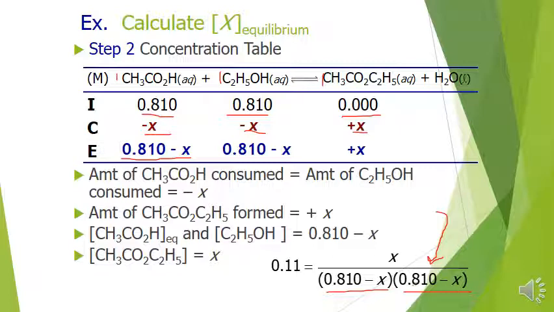Then multiply the product of this side and put it over here, and that'll equal x, and then you'll have a quadratic equation. It gets kind of messy, but there are ways of solving quadratic equations. Let's go to the next slide and see how it expands.